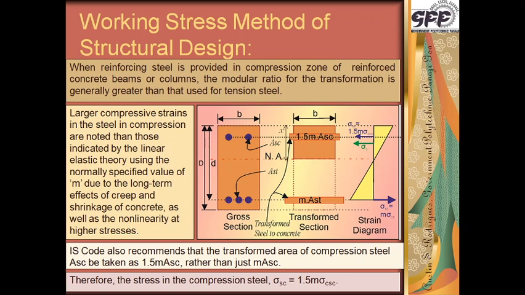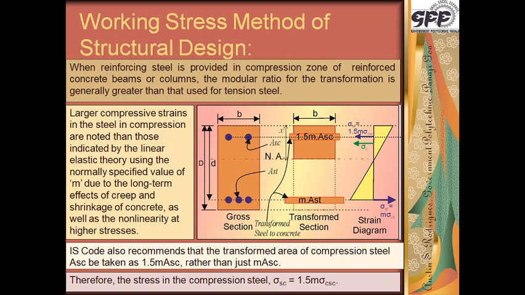Let us look at the sketch again. The sketch on the right hand side shows the gross cross section. Over here, we find steel AST at the bottom, that is steel in tension, whereas in the top portion there are two bars, ASC, the area of steel in compression.